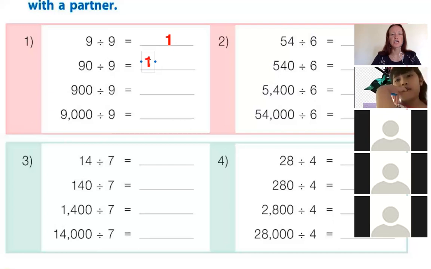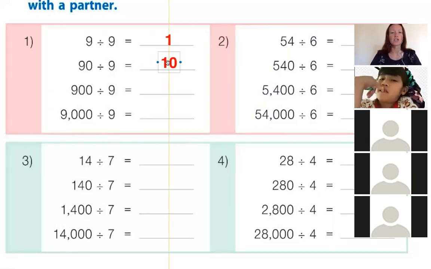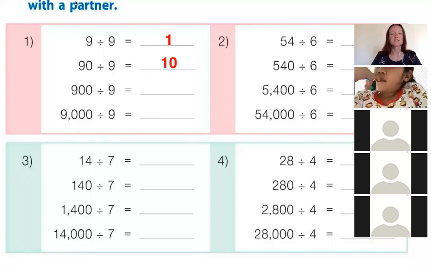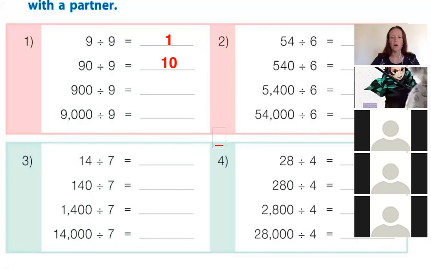Very good. 10, because we have only 1 zero in our dividend, and this zero we have to transfer to the quotient. Okay, good. Thank you, Porter.